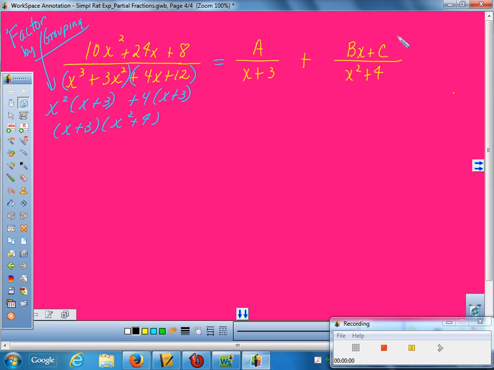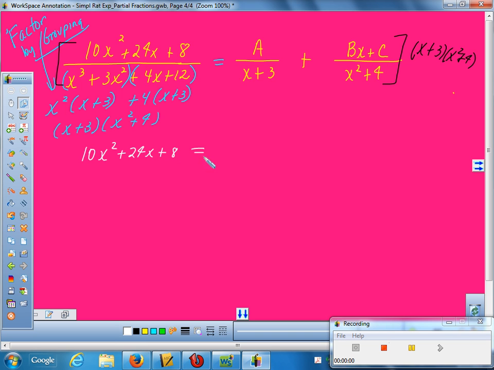So in this case, I am taking this entire expression times x plus 3 and x squared plus 4. Consequently, when I multiply it times the original fraction, it's of course going to cancel the entire denominator, and I'm going to be left with just the numerator, 10x squared plus 24x plus 8.